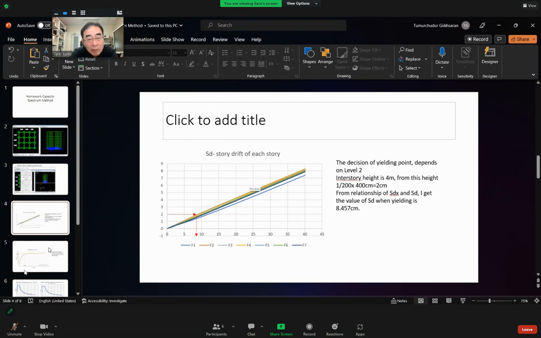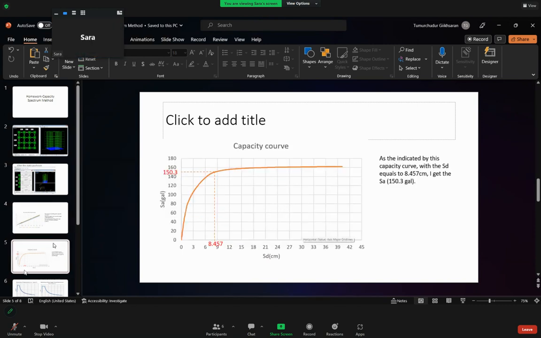And in the capacity curve, where SD equals 8.457 centimeter, I get the SA of 150.3 gal.